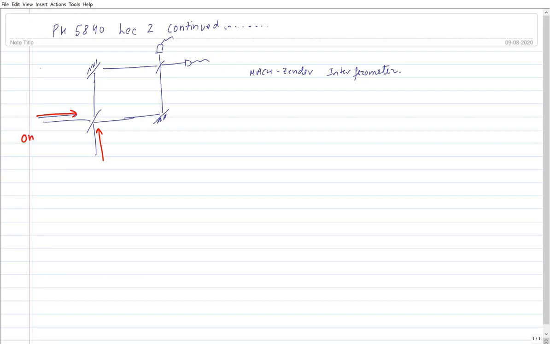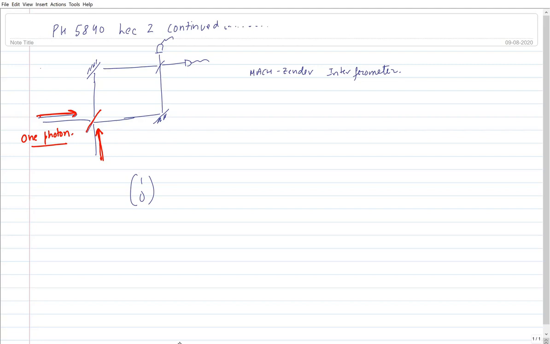So, one photon, either it comes from the upper port or it comes from over here. And this is my beam splitter. So what happens is essentially I can write down the state in the form of a column vector, 1 0.